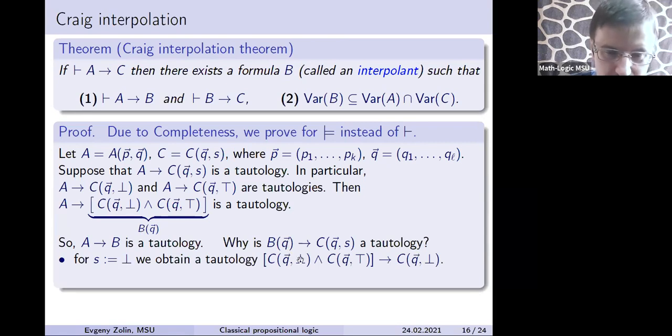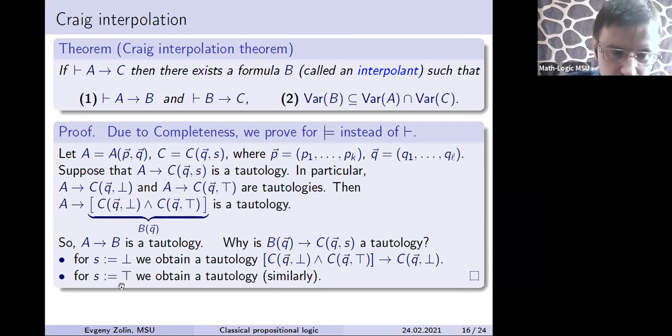But then we simply obtain a tautology of the form alpha and beta implies alpha. So this formula will be true for all valuations of the variables Q. And similarly for substitution of true for S. So this formula is true for all valuations. If we substitute true for S, we obtain a tautology. If we substitute false for S, we obtain a tautology. And so this is the end of the proof.